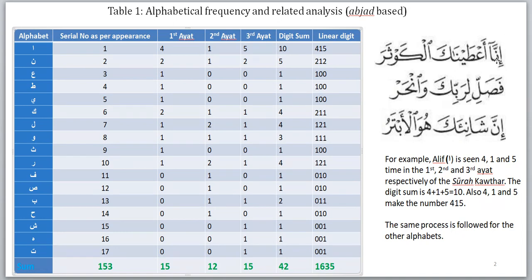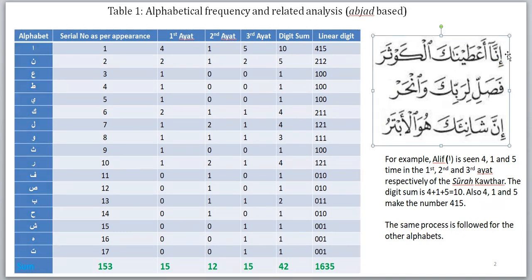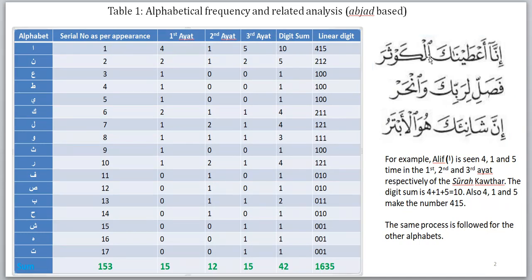For example, in the first ayat, inna a'atainaka al-kawthar, alif is the first alphabet, so alif is the first, noon is the second one, so noon is actually in second placement. Then again alif appears, but since alif is placed first, there is no alif in the third place.